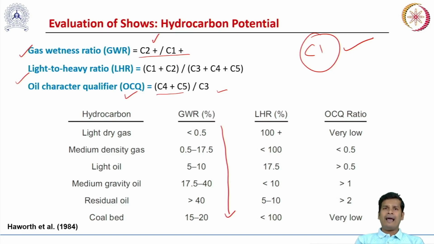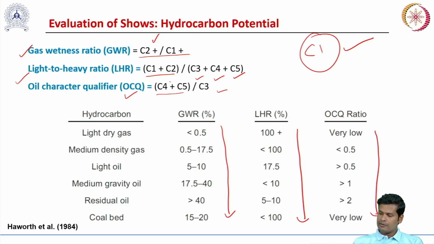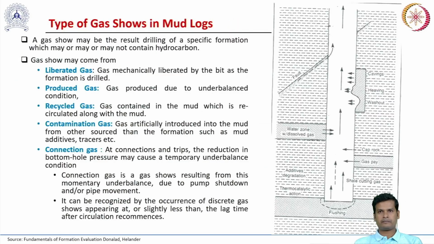Similarly, LHR, going from gas to oil, the light to heavy ratio is decreasing because if you go to the oil reservoir, the concentration of C3, C4, C5 will increase and C1 and C2 will decrease. So LHR is decreasing. Similarly, OCQ is increasing because if you move from the gas to oil bearing formation, the amount of C4 and C5 will increase. That's why OCQ is increasing.